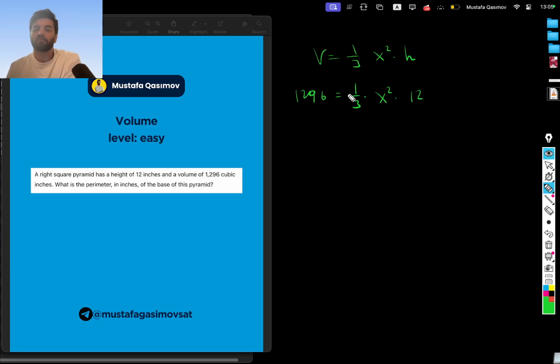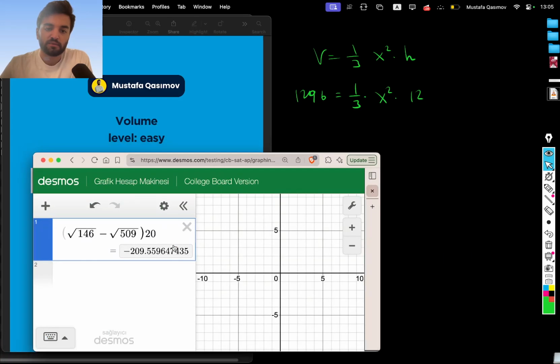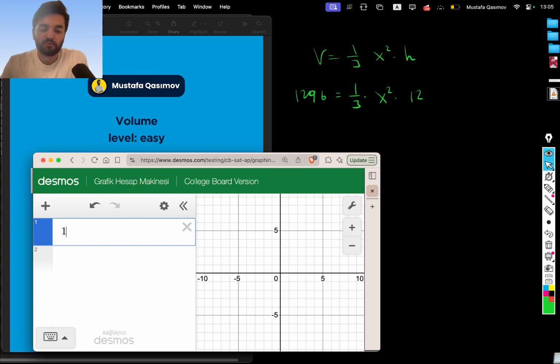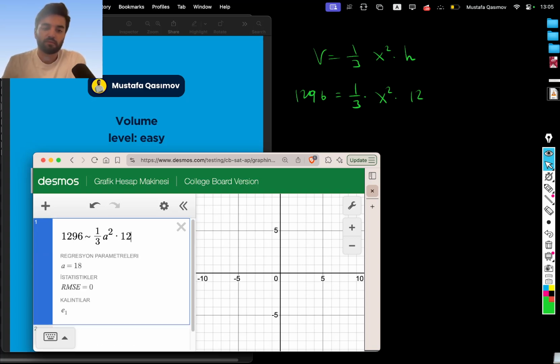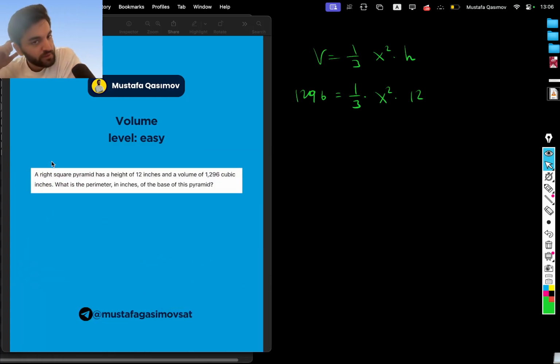So let's write this one to decimals. I am writing a instead of x. When I did it like that, you will get this value here automatically. Okay, a is 18 multiplied by 4 will be 72. Answer is 72.